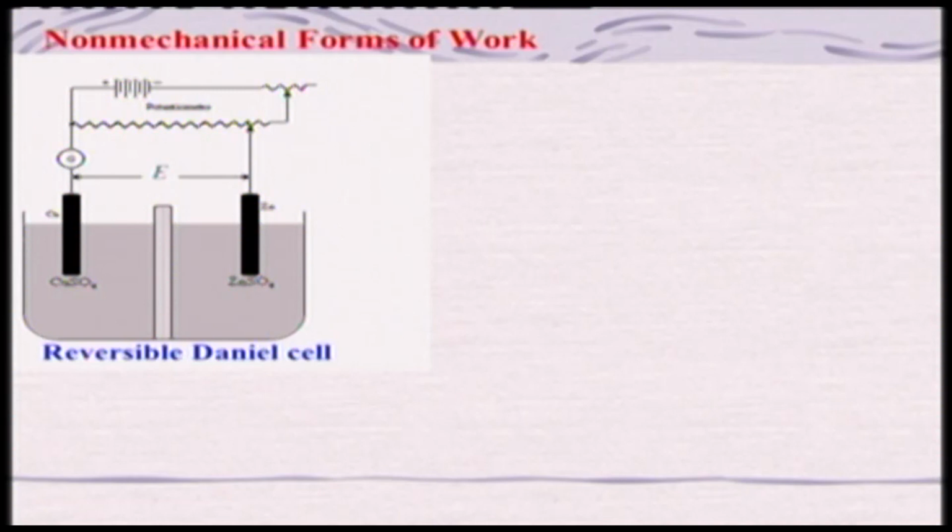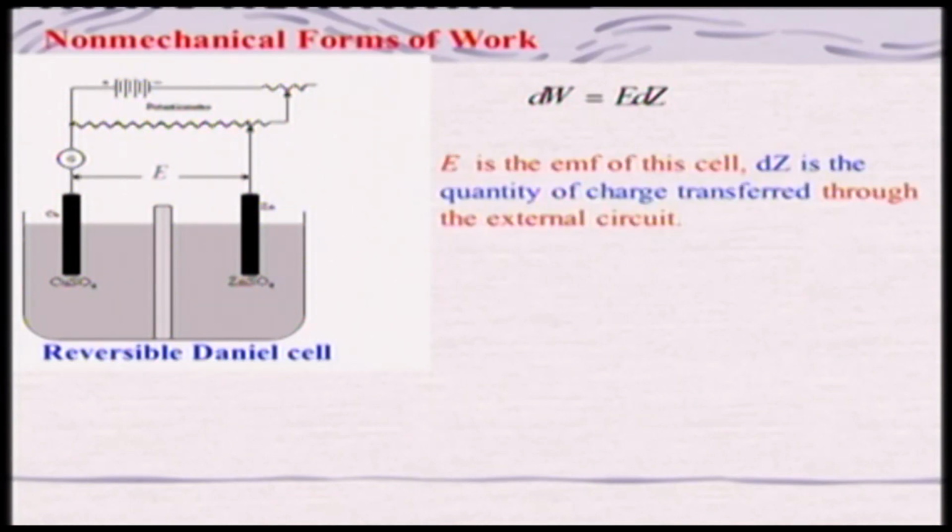So the work done will be nothing but E dz, where dz is the quantity of charge transferred through the external circuit, like this is your external circuit. And this is basically a non-mechanical form of work.